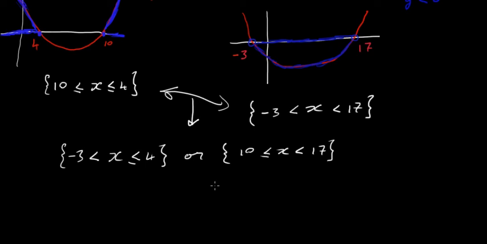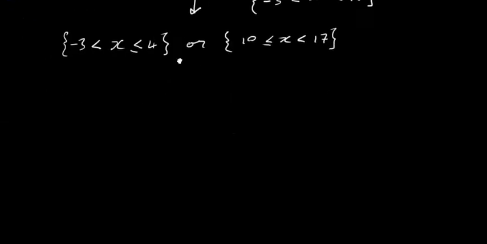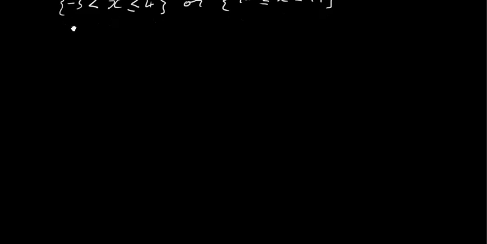There is a third method here that you can use algebraically. If we take our inequality again, we've got 3 less than or equal to the modulus of x minus 7, and that's less than 10, and x is an element of R again. What you can do is just directly square everything.